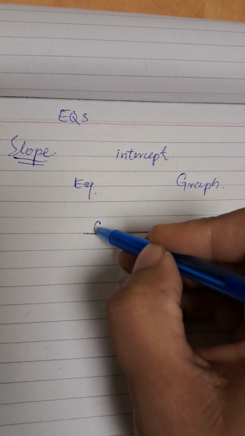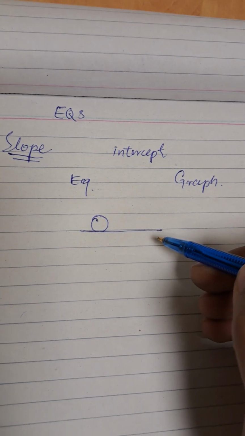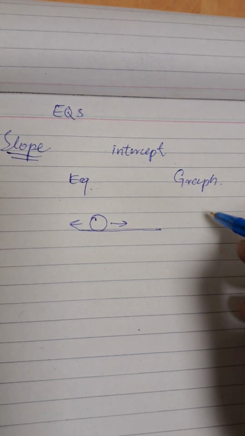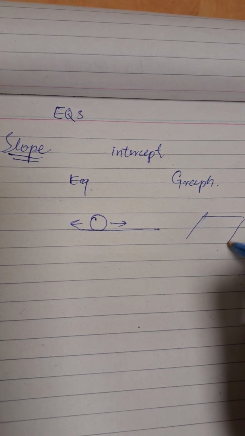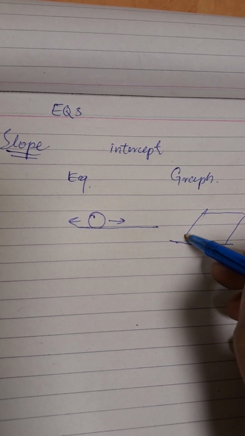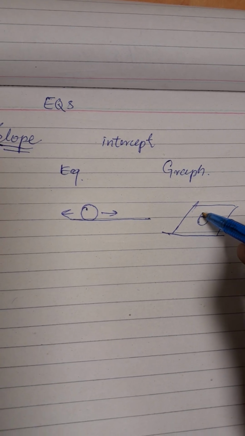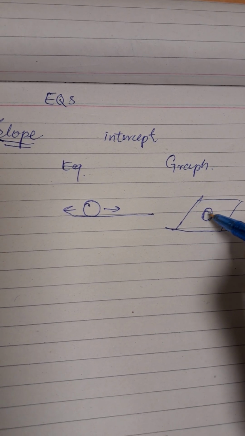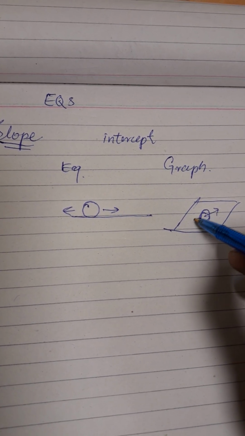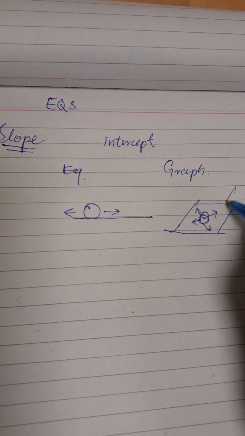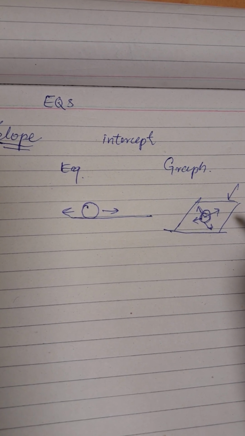For example, if we place a ball on that particular surface, it would not move in this direction, or if I try and plot it or sketch it on 2D, if we place a ball over here, it would not move in any direction if the slope of that particular plane is 0.